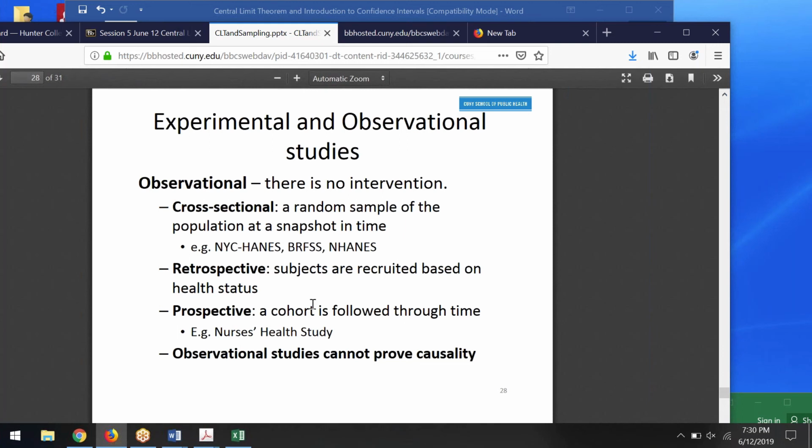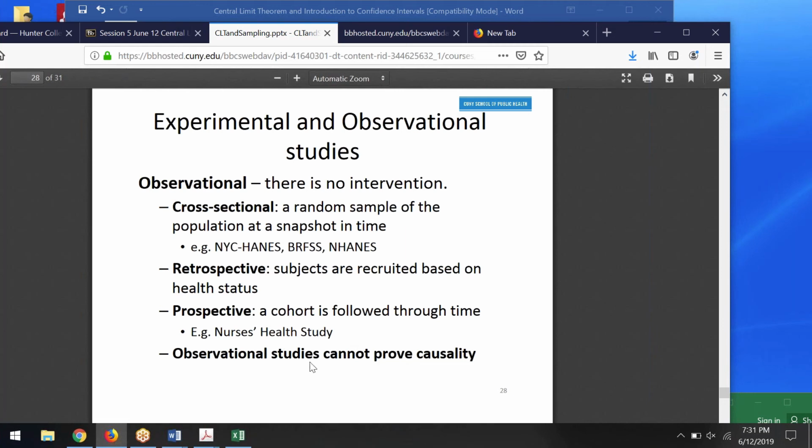Prospective is studies of people that you're going to follow forward in time. So in retrospective, you're looking at things that happened to subjects in the past, and prospective is where you follow subjects and observe what happens to their health status as you move forward. We'll take a look at a couple of those in a second.